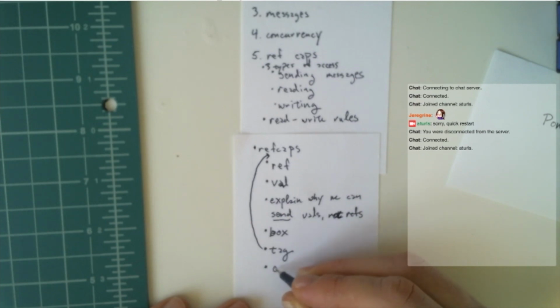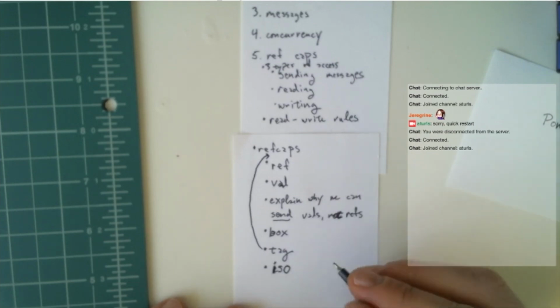Although actually, I'm still not sure how exactly I'm going to do this, but the idea with an ISO is that you only have one reference that can read and write to an object, and that reference has a reference capability of ISO, or isolated.